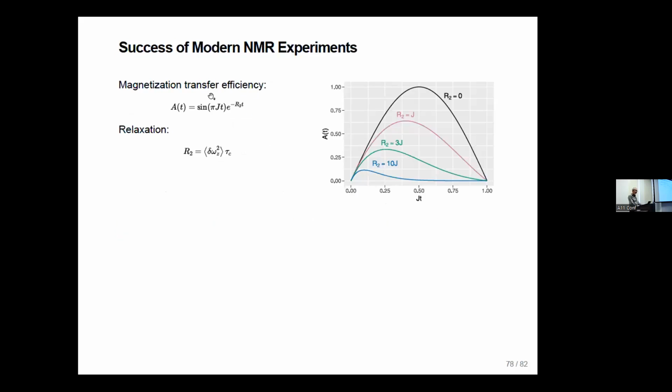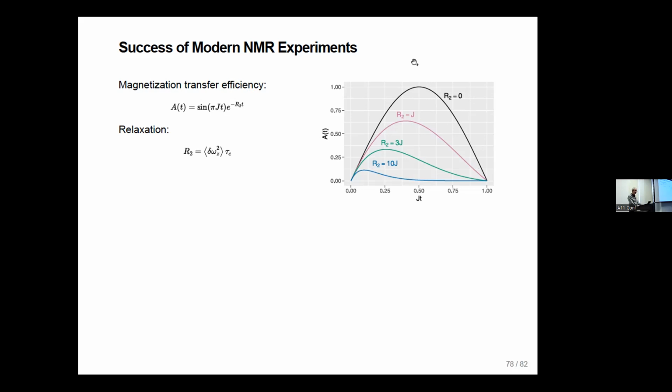Our COSY-type experiments, the transfer from the J coupling in a COSY or an INEPT sequence, depended on the sign of the couplings. While you're trying to build up coherence, relaxation is causing decay. If there's no relaxation, you just see the sine bell.